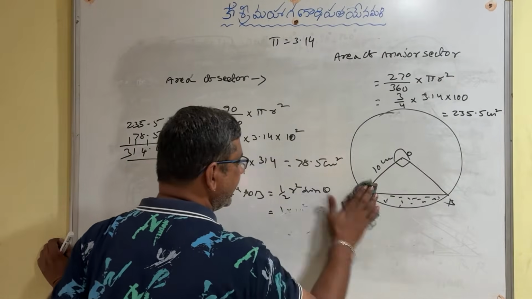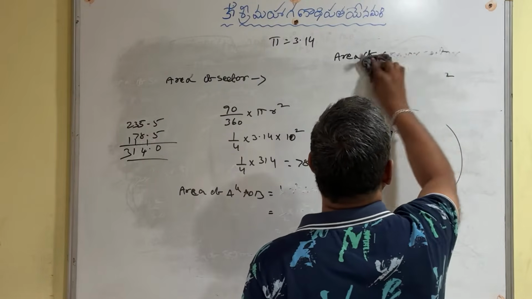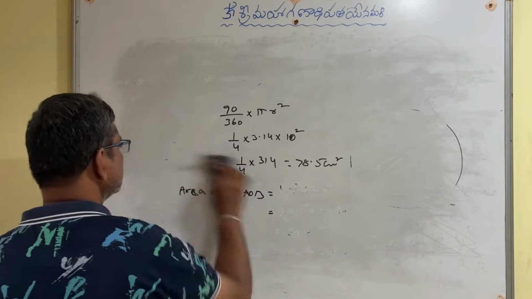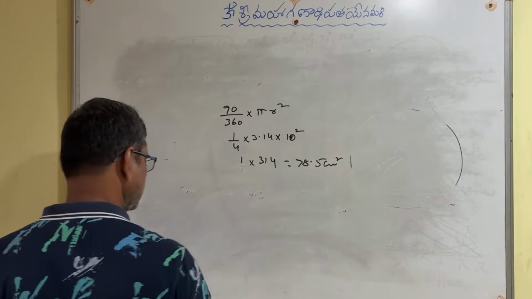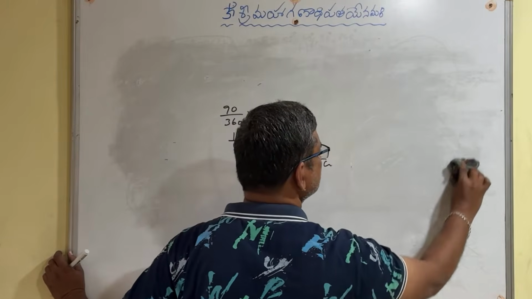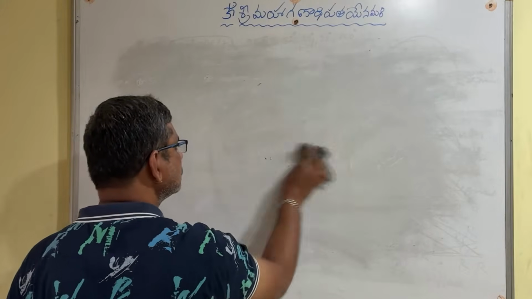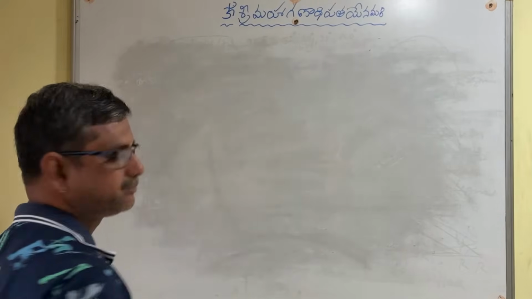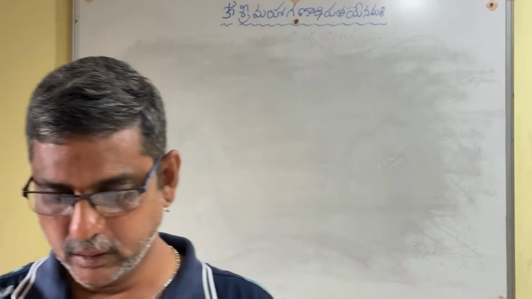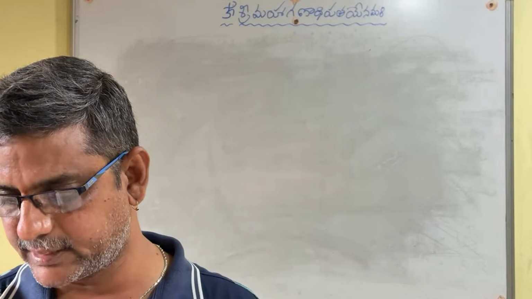Next, question number 5. In a circle of radius 21 centimeters, an arc subtends an angle of 60 degrees at the center.